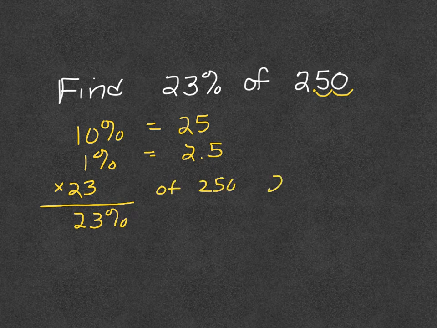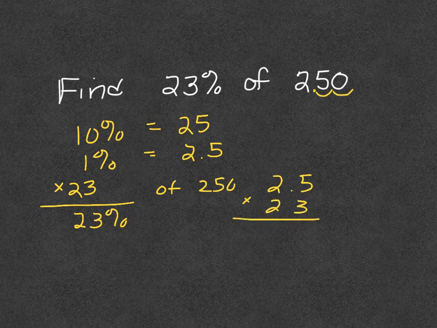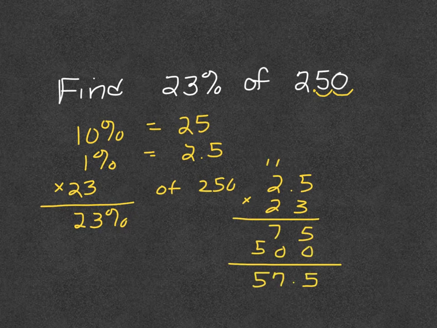I'm going to multiply that 2.5 also by 23. And if I multiply there, multiplying that out, I get 57.5. 23% of 250 is 57.5. So again, keep that in mind as we go through this lesson. There's a couple times here where we're asked to find percents, and we haven't really talked much about that this year. Nice and easy to do it this way.